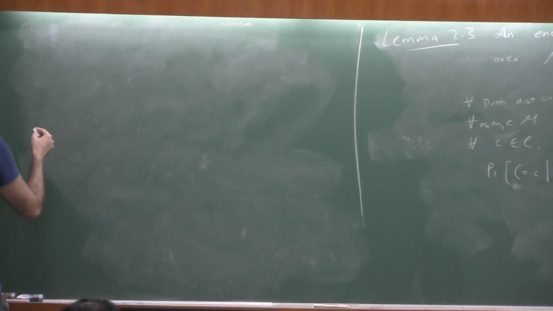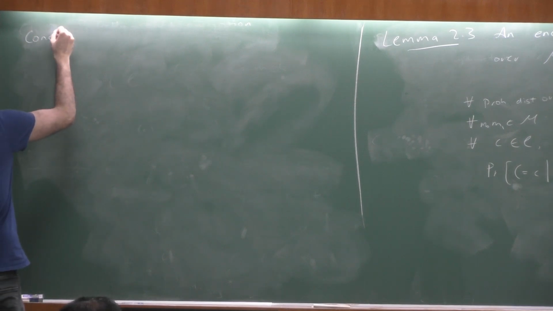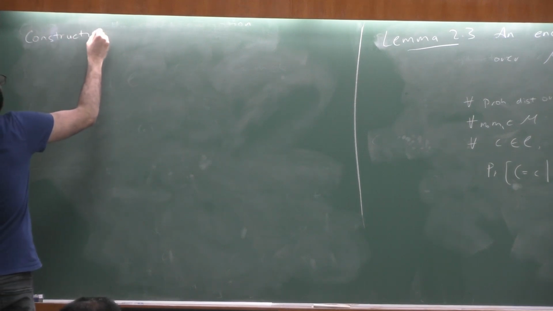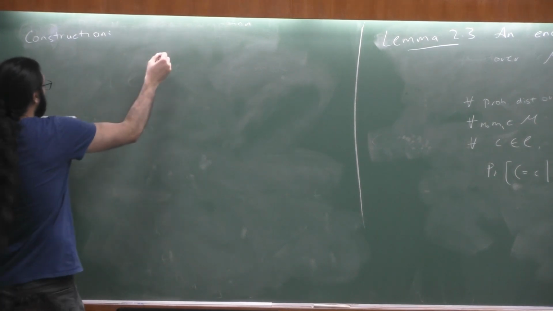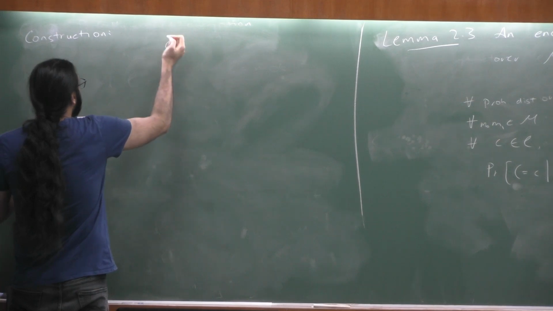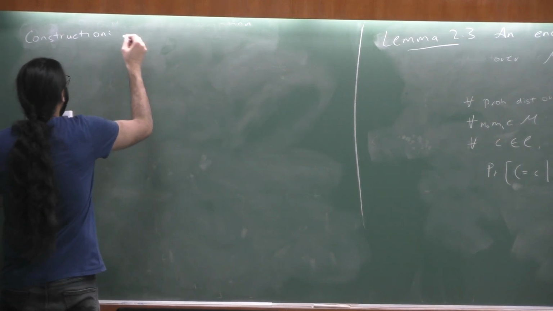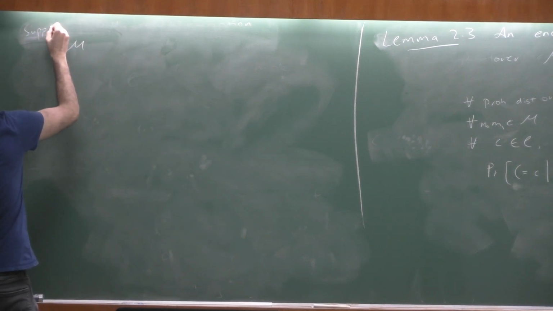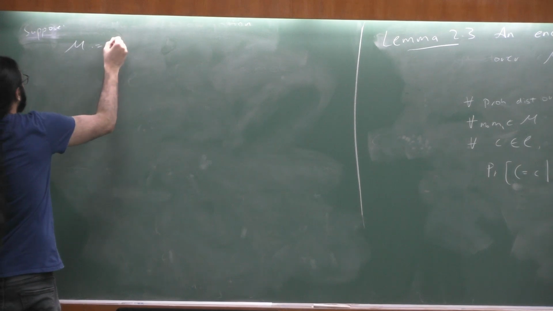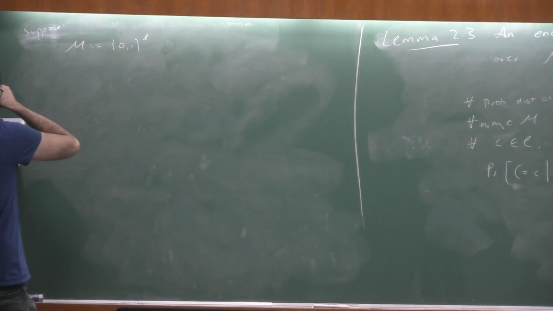So now let's look at a construction that we saw earlier. This is just the one-time pad. Suppose the message space M is {0,1}^L.